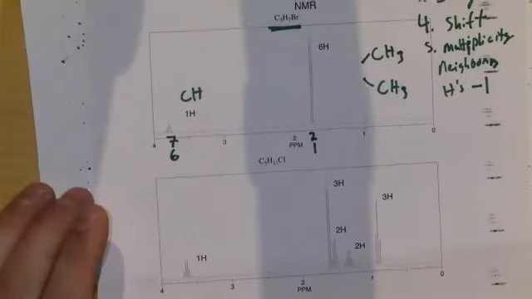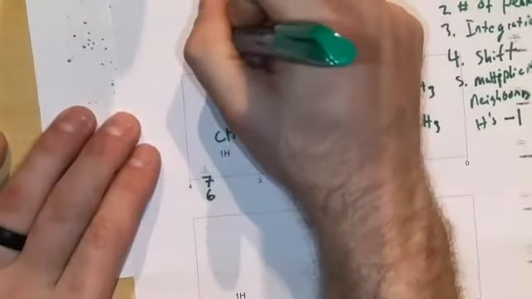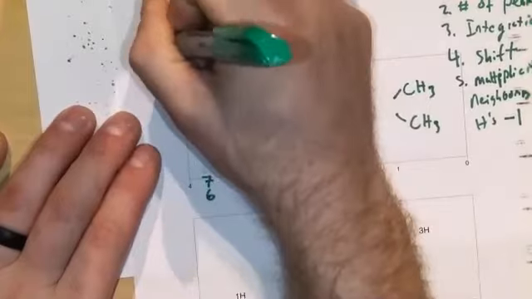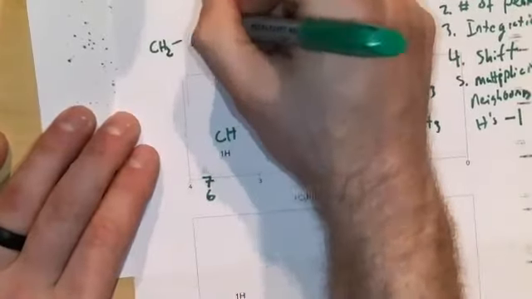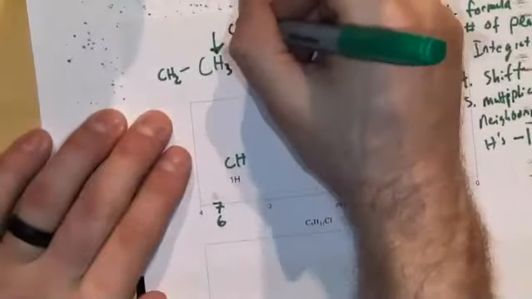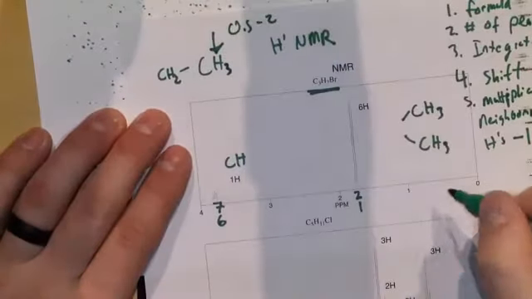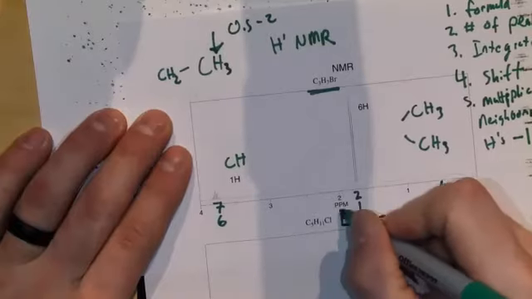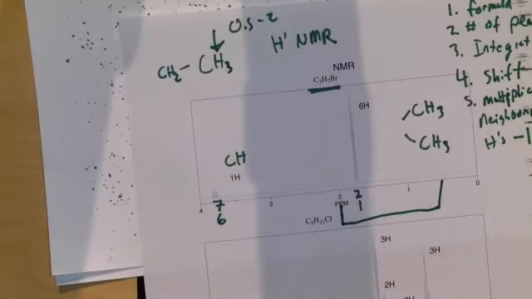Generally speaking, carbons that are by themselves, like a CH3 that is next to a CH2, these protons are going to show up in your 0.5 to 2 range. This is your very unexciting range.